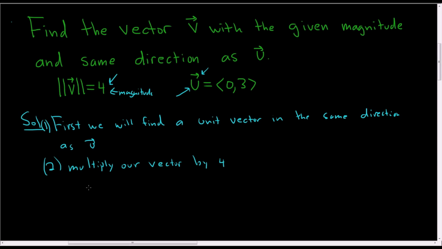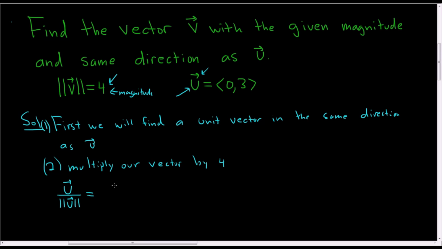So first, let's find the unit vector in the same direction as u. So the formula for that is u divided by the magnitude of u. This will be a unit vector in the same direction as u.